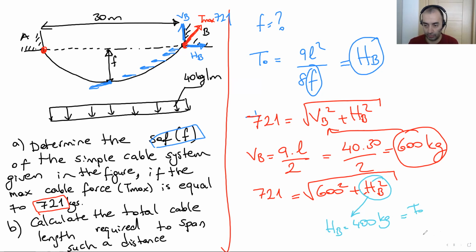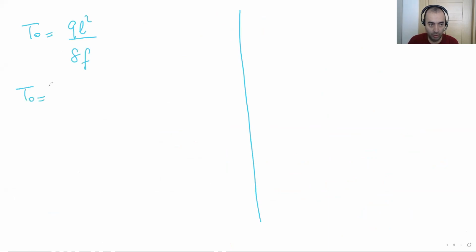So here, I'm going to write the equation again. T0 equals HB, 400 kilograms.